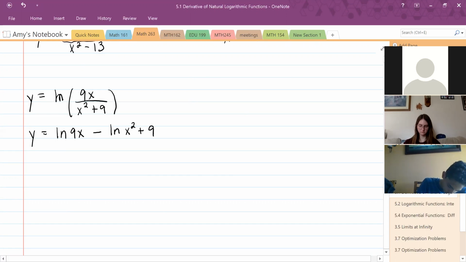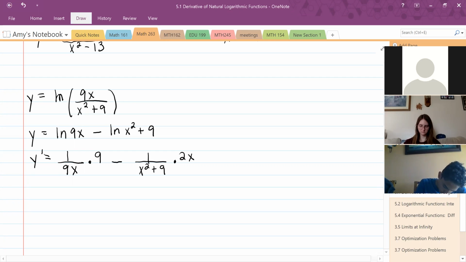And then I'm going to take the derivative of each of these functions separately. So that's going to be 1 over 9x times the derivative of this inside, which is 9, minus 1 over x squared plus 9 times the derivative of this inside, which is 2x. Now reduce this.